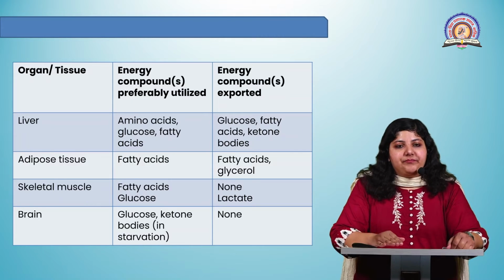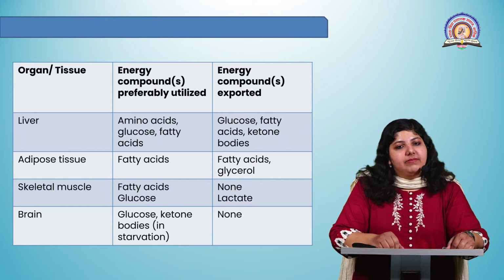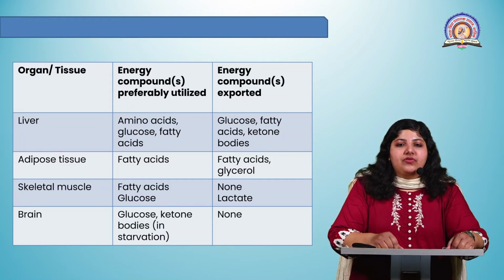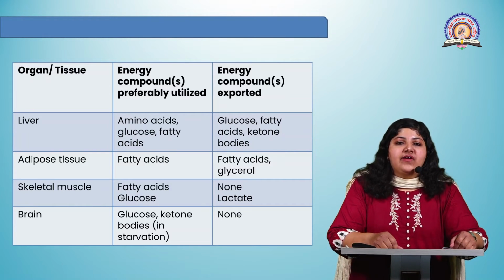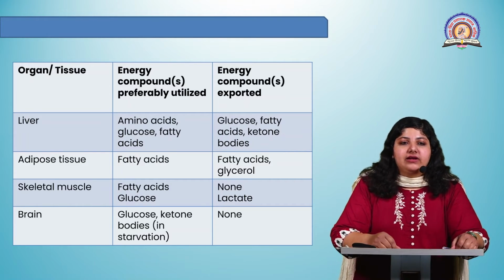You can see liver preferably utilizes amino acids, glucose and fatty acids, and it exports glucose, fatty acids and ketone bodies out of it. Adipose tissue only uses fatty acids and it exports out fatty acids and glycerol.